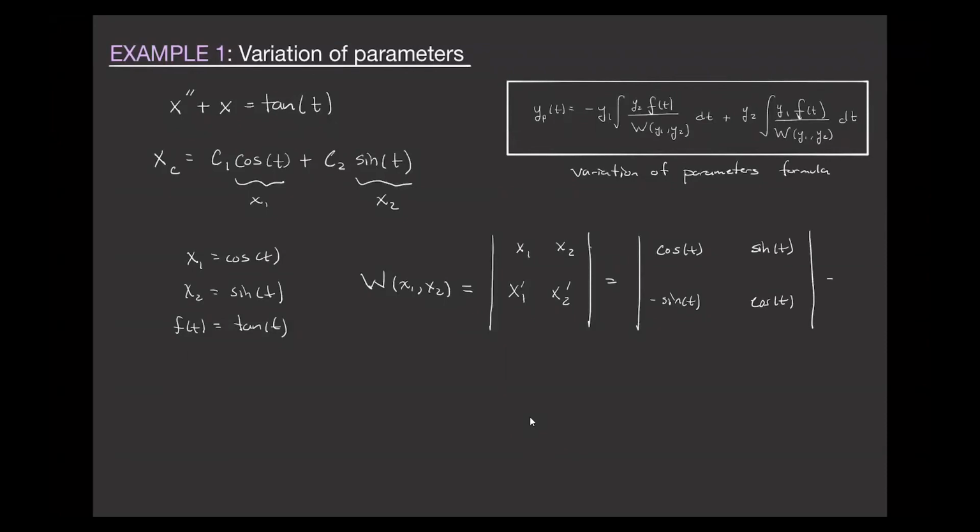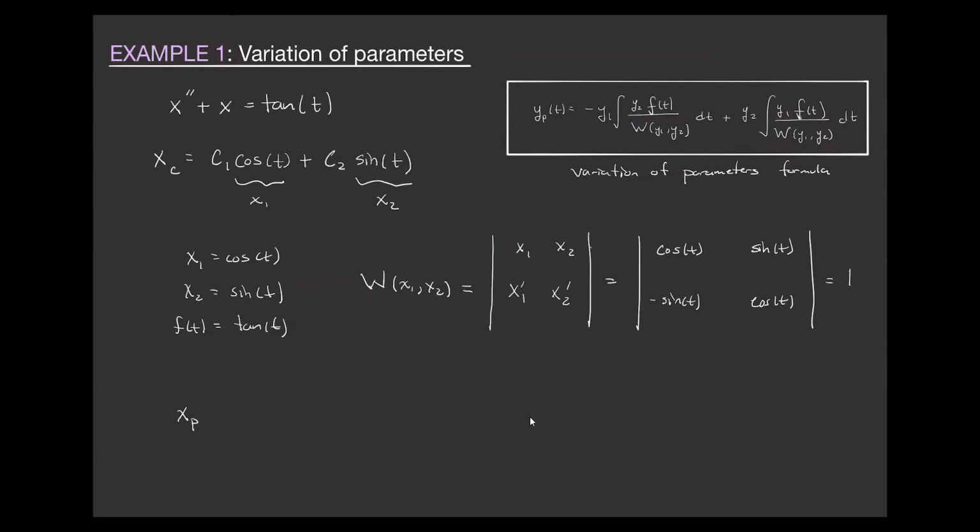If you compute that, you're going to get cosine squared plus sine squared, and that's going to be equal to 1. So this is just a slightly simpler version of the example we just looked at, where we computed the determinant. All right, so that's pretty straightforward as far as the Wronskian. Sometimes you'll end up with an exponential or something else, but whatever it is, it's simply going to fit into the formula here.